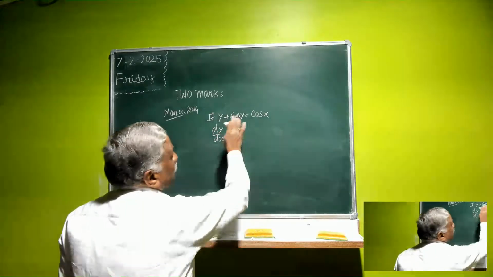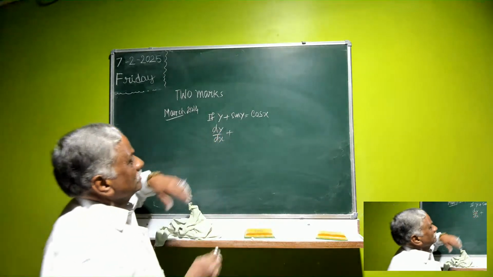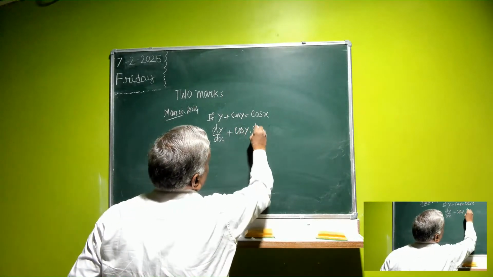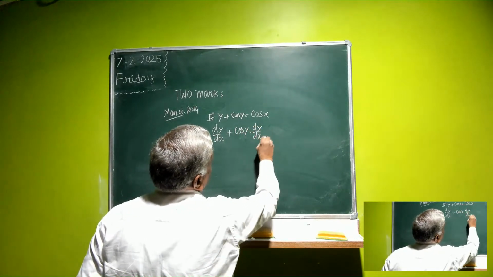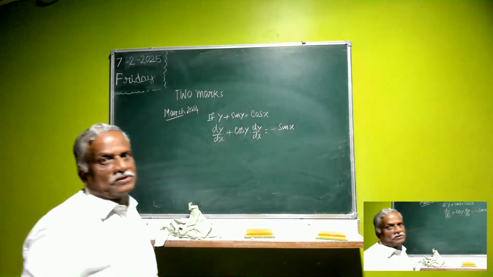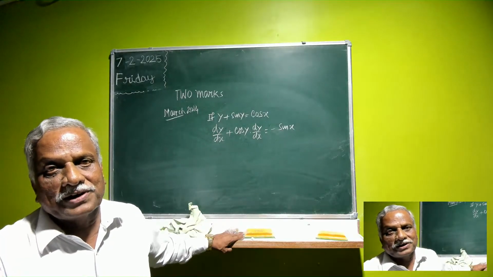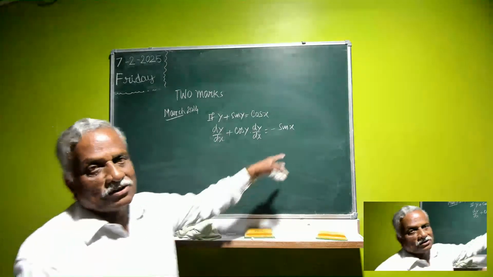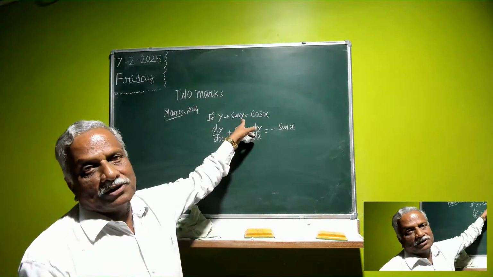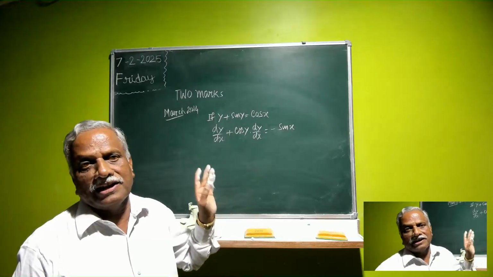When you differentiate sin y, you should use the chain rule. Sin y gives cos y, then you differentiate y, that is dy by dx. Cos x is minus sin x. Because you are differentiating with respect to x, you are not writing dx by dx, that is 1. Here, therefore, the derivative of y is going to be dy by dx, which I have explained very clearly in implicit.